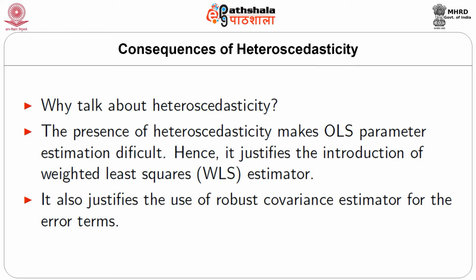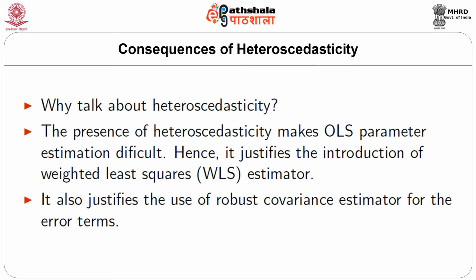Or it could look like sigma E square divided by W1, sigma E square divided by W2, up to sigma E square divided by Wn. The presence of heteroscedasticity in the data set, however, motivates some pretty interesting concepts.